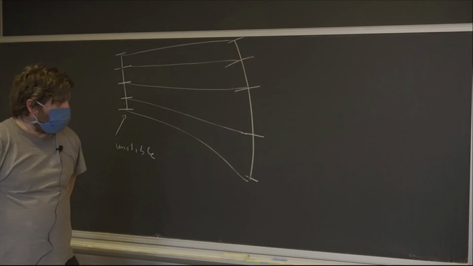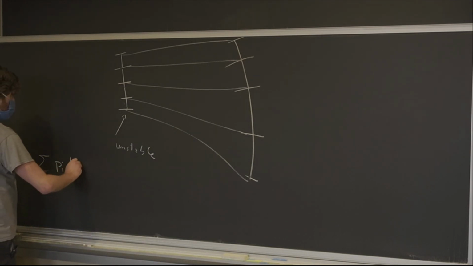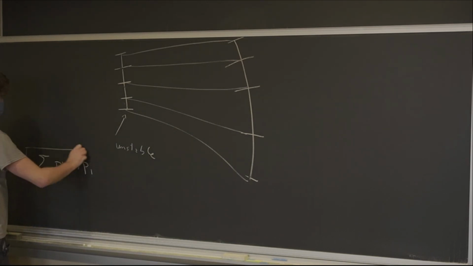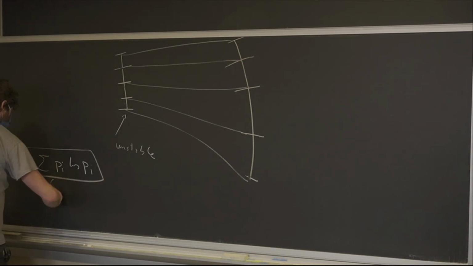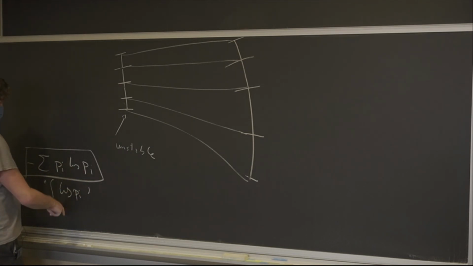This function, the sum of p_i log p_i, is the information function essentially, which is nothing but the integral of log p_i, where you are integrating over each atom so that you get p_i.